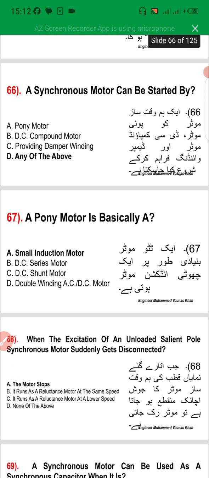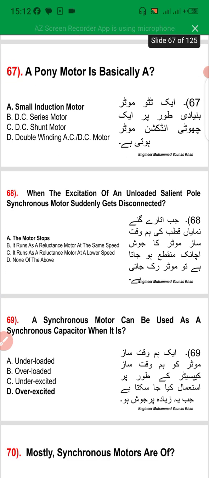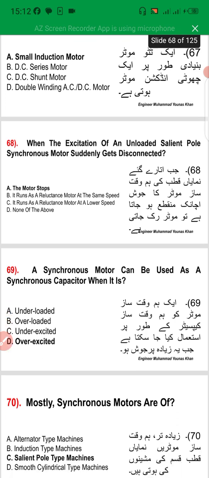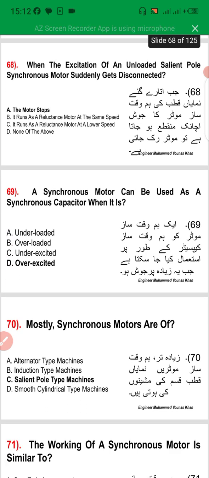A synchronous motor can be started by pony motor, DC compound motor, providing damper winding, any of the above. A pony motor is basically a small induction motor. When the excitation of an unloaded salient pole synchronous motor suddenly gets disconnected, the motor stops.